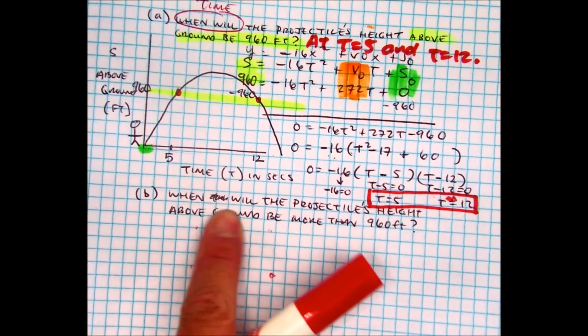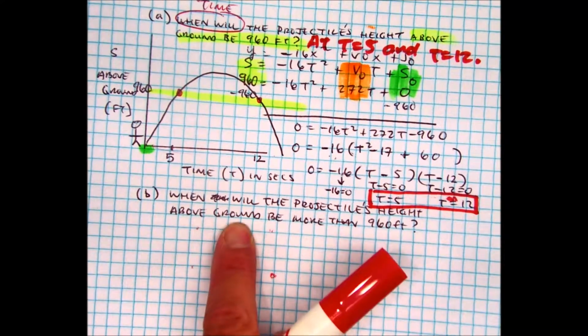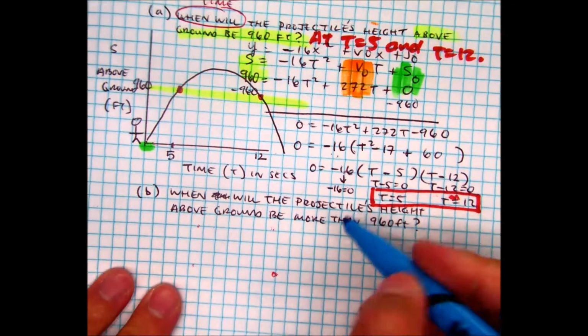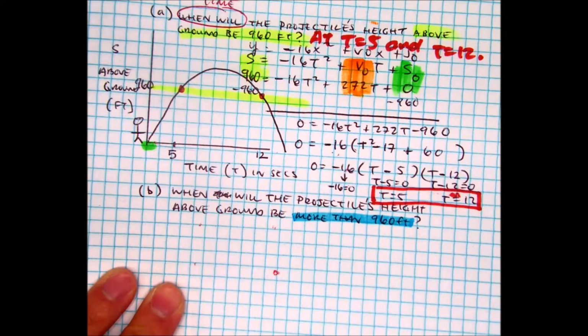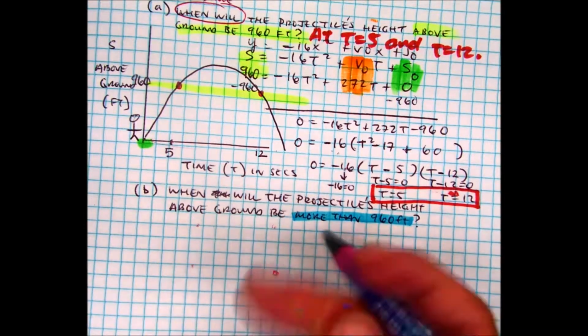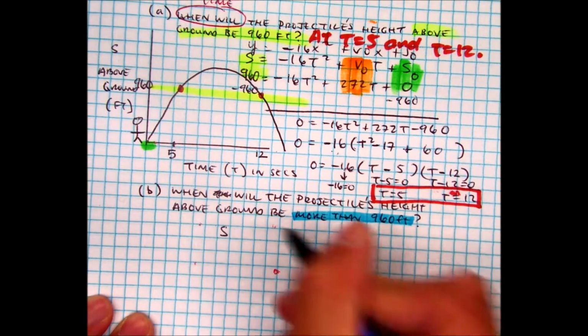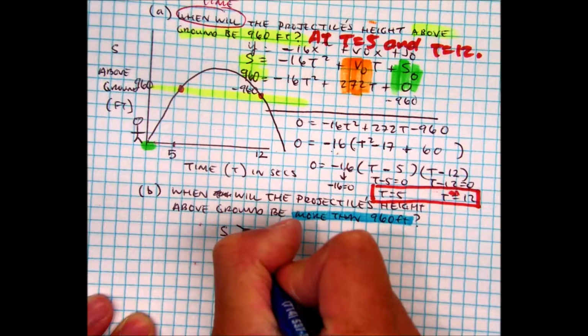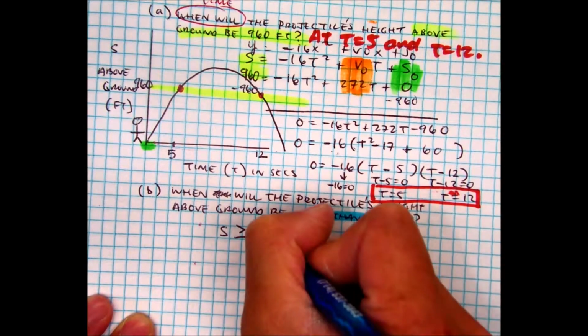Question B. When will the projectile's height above ground be more than 960 feet? So I want to highlight this word, more than 960 feet. Think about that. That's an inequality that says s is what? What inequality? Greater than or equal to 960.